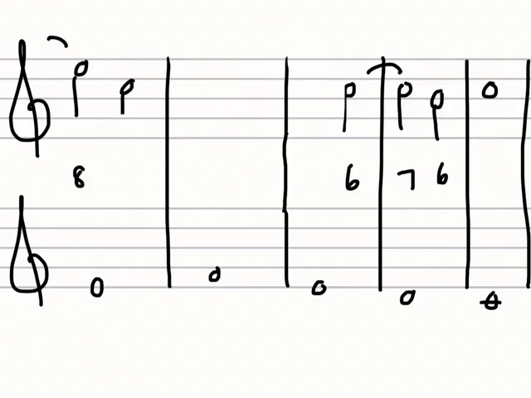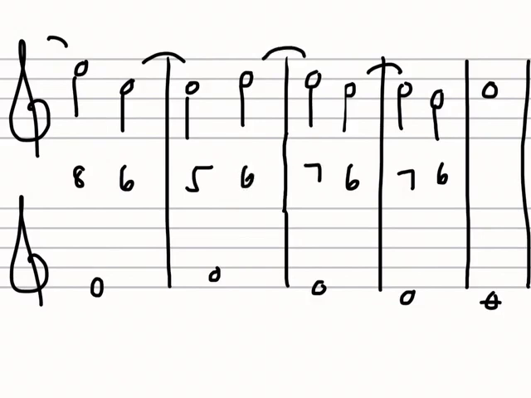Here, if I go down to the 6th and tie it over for a 5th, where I really want to be is over here, so that I could start the 7/6 suspensions at the end.